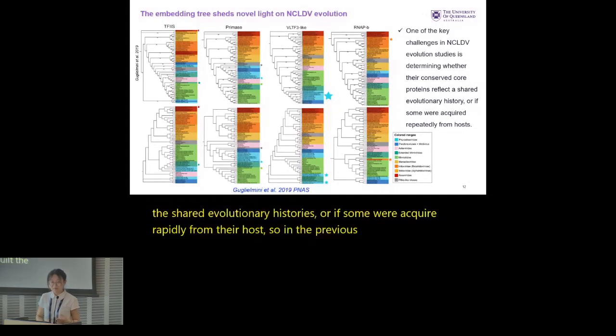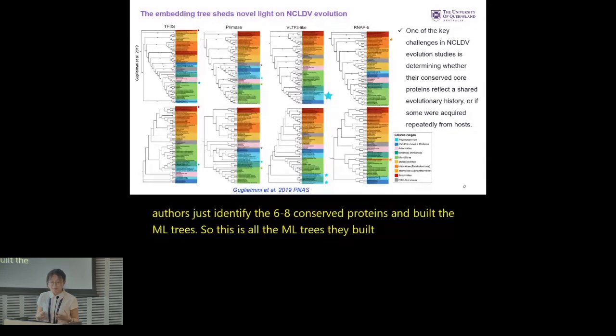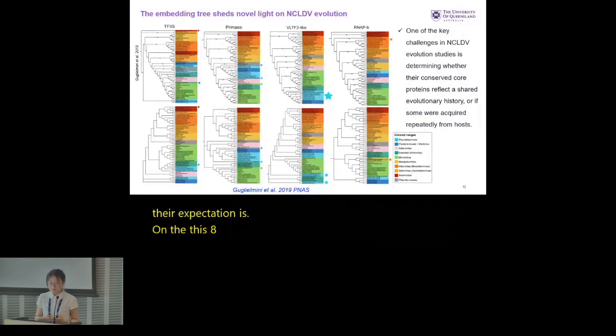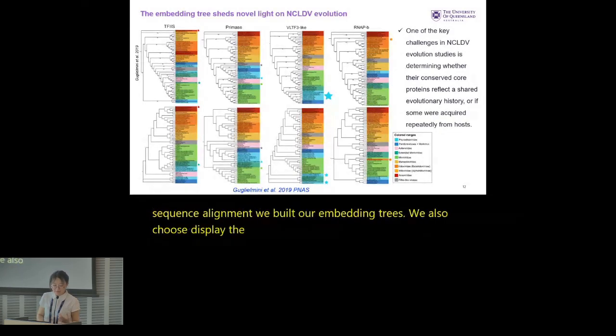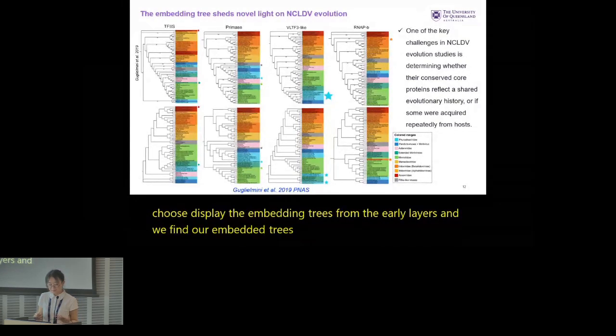This is all the ML trees they built. Their expectation was that these eight protein ML trees could demonstrate some monophyletic relationships, but they didn't get this result. Based on the same multi-sequence alignment, we built our embedding trees. We also display the embedding trees from the early layers, and we find our embedding trees give some different results.